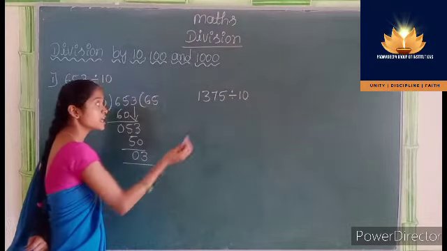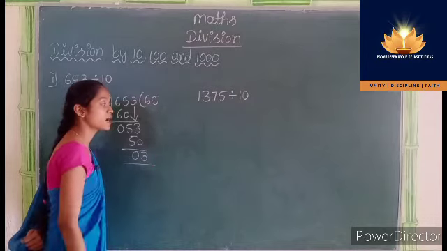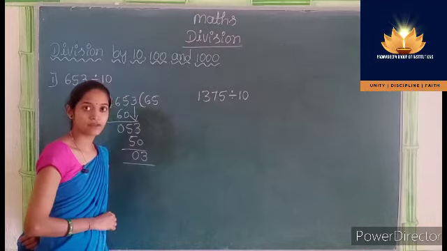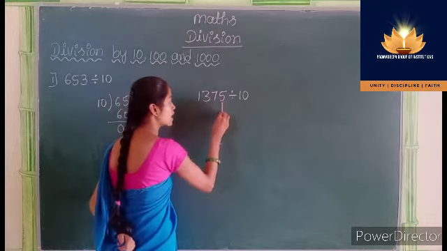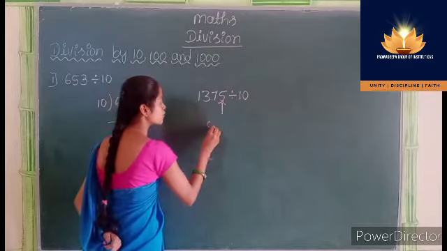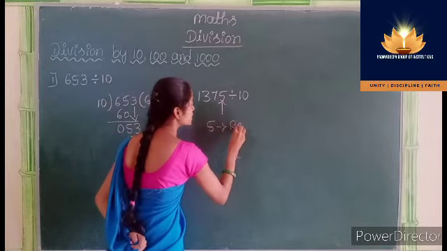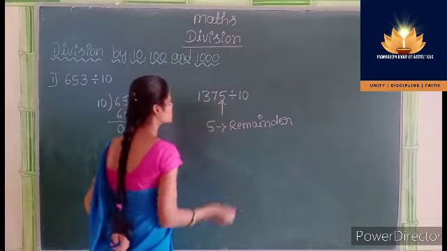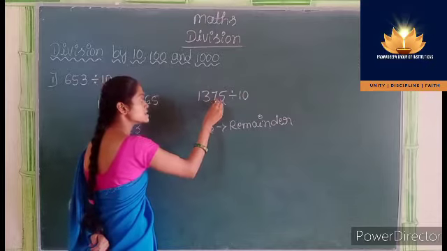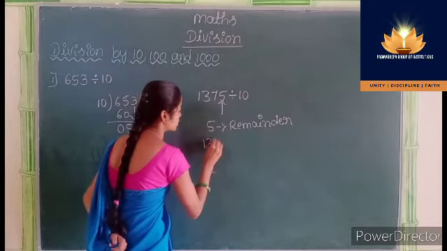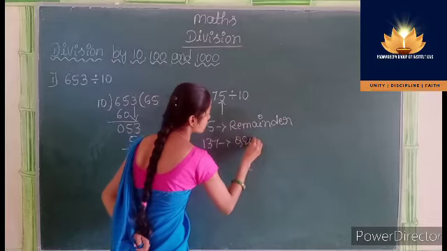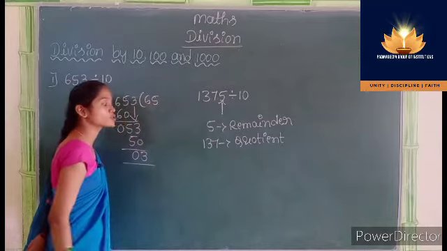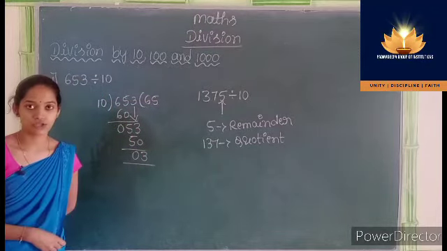Now tell me, in this 1375, which number is remainder and which one is quotient? So here 5 is the ones place digit, so 5 is the remainder and the remaining numbers, that is 137, will form the quotient. So like this we can find out a remainder and quotient without actual division.